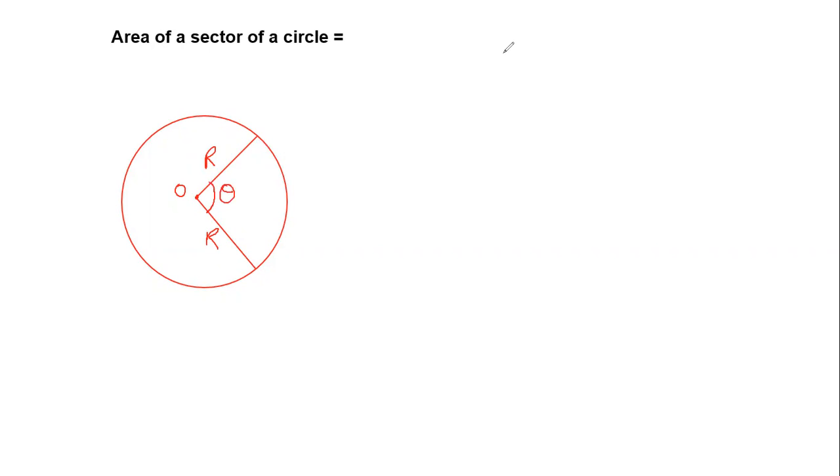When I say area of the sector, it's like a piece of a pie. That's the shaded portion we are concerned with. The area of the sector is given by the same thought process: pi r square theta over 360 degrees.